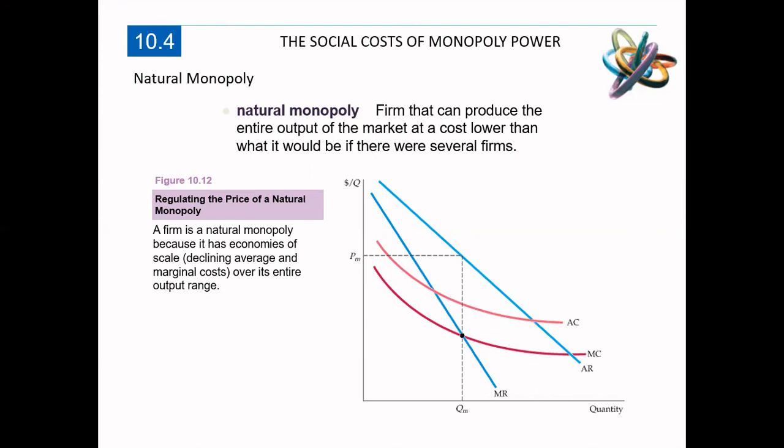When the average total cost decreases, this means that I have economies of scale, and this is the success story for China when they can expand the quantity and decrease the average total cost. So because it has economies of scale due to the average cost and the marginal cost over the entire output, if we go for the marginal revenue and the marginal cost, this is the point of intersection, and then we go for the pricing, and this is the higher price.